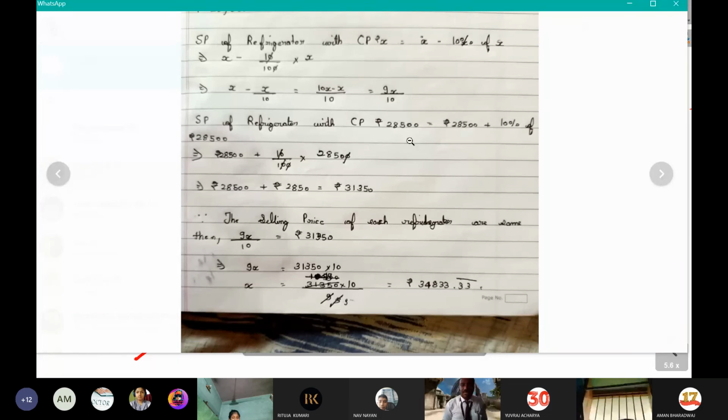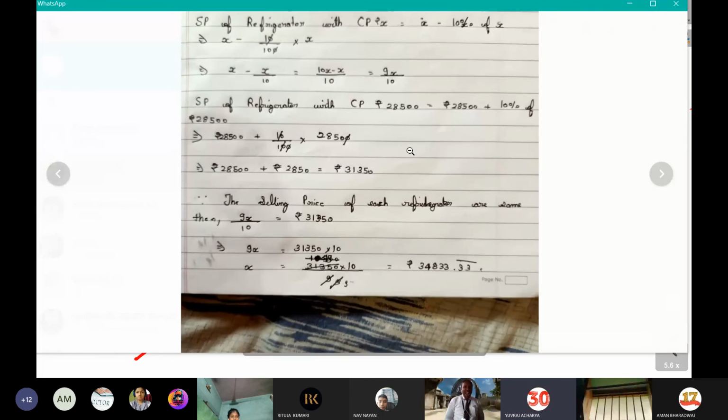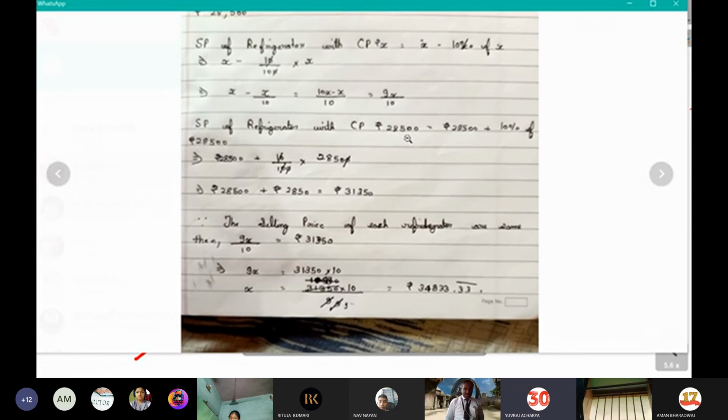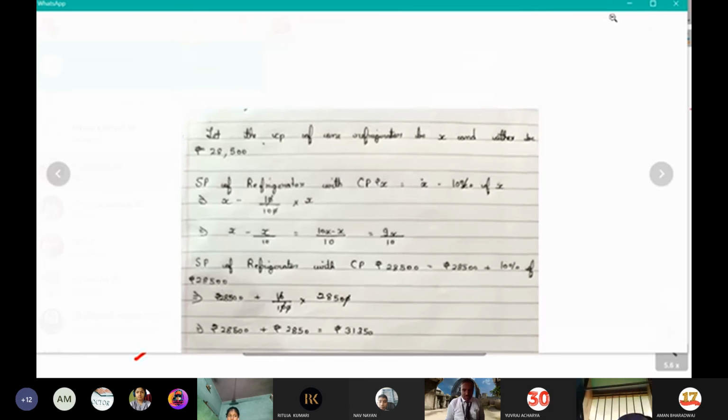The cost price will become 28,500 minus x, because this is the next one, and both cost prices combined become 28,500. Getting it? Oh, sir. Here I have to write 28,500 minus x. I thought it was 28,500. Okay, so there you had made a mistake.